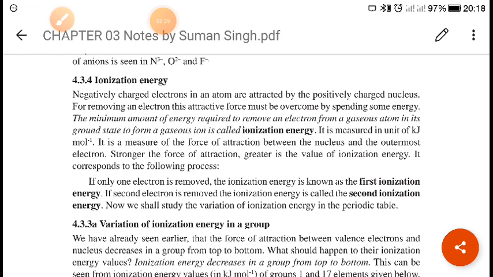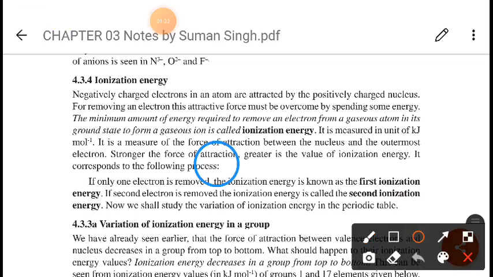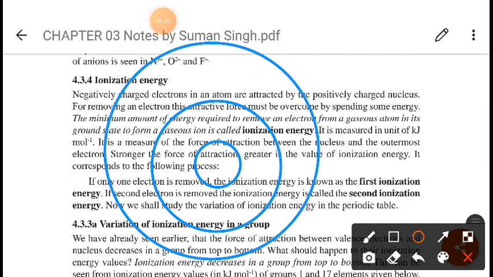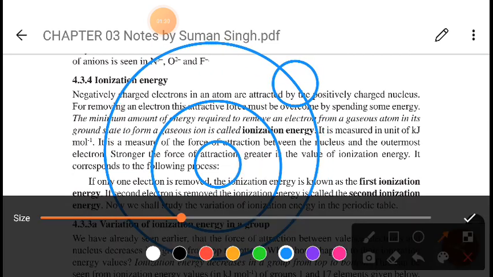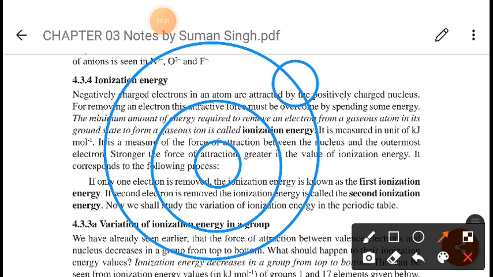Let me tell you one thing. Suppose this is our nucleus, this is the first shell, this is the second shell, like this. Suppose here is an electron. This nucleus is positively charged, and it will exert some force on this electron. Suppose the force exerted by the nucleus is 20 joule.